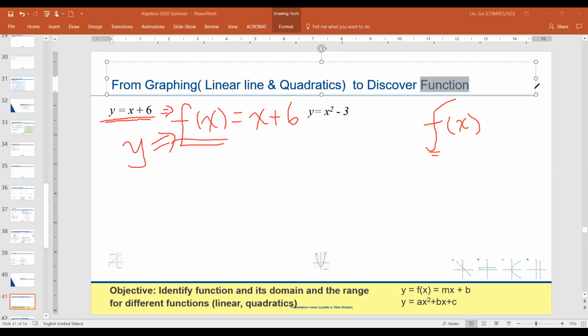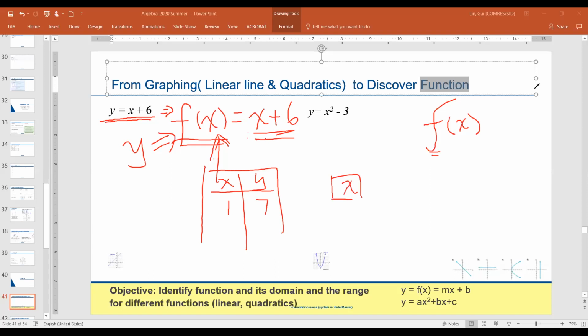When you input x, you get x plus 6. So when we do the table, x, y, when the input is 1, the output is 7, x plus 6. It looks like you input x, it goes through some kind of magic transform, and you output y.